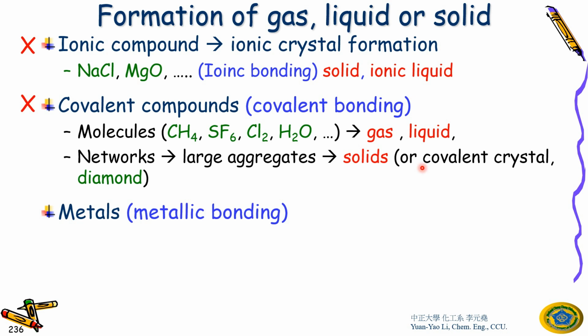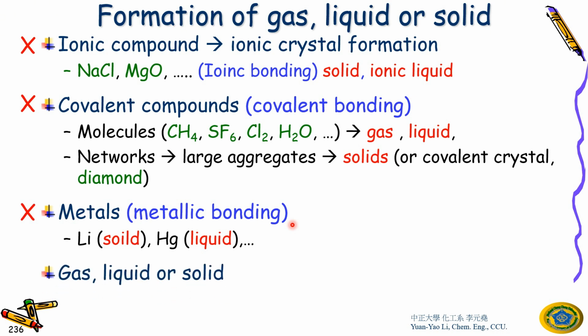Okay, so how about metals? Again, generally speaking, you find metal in the solid phase, right? However, mercury is in the liquid phase. So again, you cannot explain the formation of gas, liquid, or solid using metallic bonding. Right.